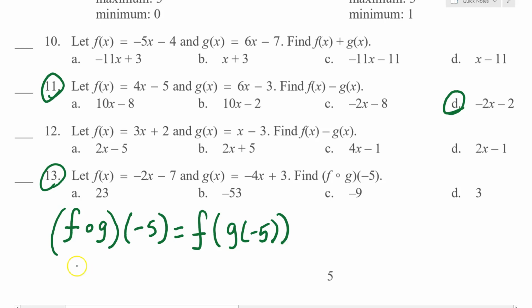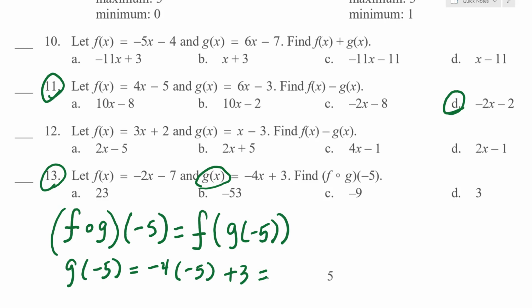So you're going to evaluate G of negative 5 by substituting into G. So we have negative 4 times negative 5 plus 3. So we have negative 4 times negative 5 gives you 20. Plus 3 gives you 23. So f of g of negative 5 is equal to 23. So your answer is A.